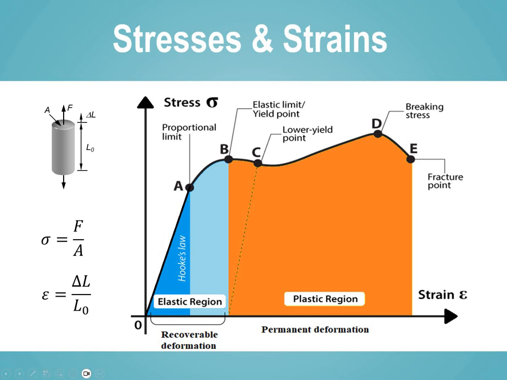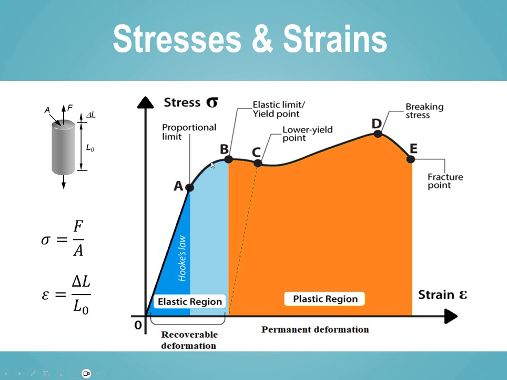If we are thinking about this one-dimensional example, it's easy to get this sort of information from the lab. In this first stage, where the relationships are proportional or linear, we say that the behavior is elastic, because when we release the loads, we are going to recover all the deformations, and it is linear as well, because the relationship is proportional.